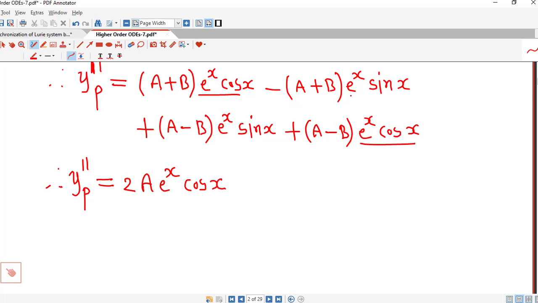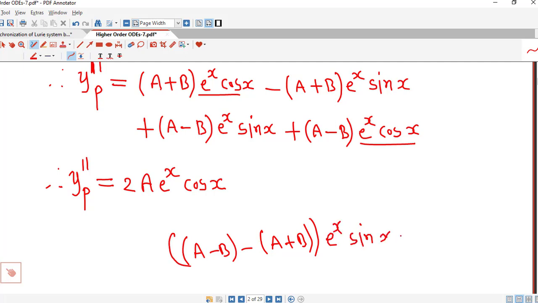So b will cancel out, and we have 2 times a e raised to x cos x, and here we can take e raised to x sin x common. So we have a minus b minus a plus b in the bracket, and we have e raised to x sin x. So we can rewrite this again as a minus b minus a minus b e raised to x sin x.